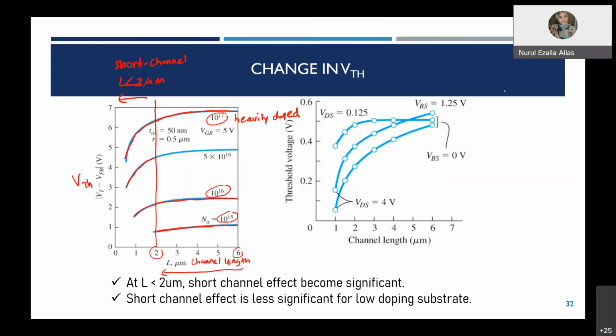This is the threshold voltage and this is the channel length. As the channel length is reduced, with different applied voltages it is also affected like this. This is for no voltage applied, the normal case, same as the left one. However, the voltage difference also affects the performance.